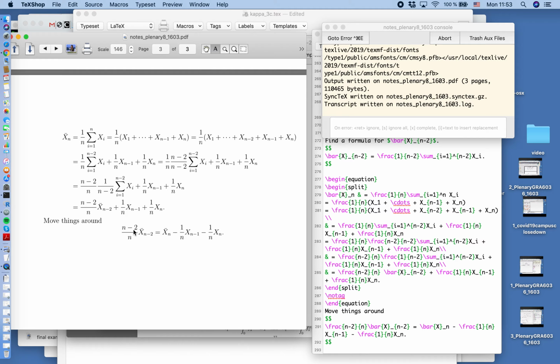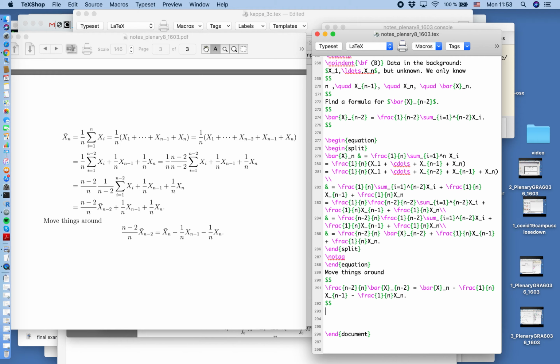Now we can multiply by n divided by n minus 2 on both sides to get an expression for the mean of the n minus 2 first observations. If we multiply this by n divided by n minus 2, that's 1.